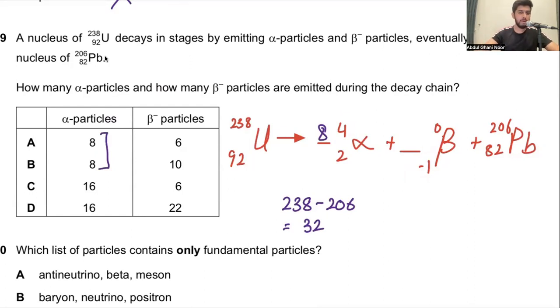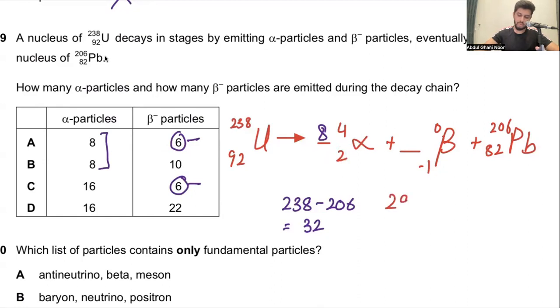Then let's have a look at beta particles. Even though there's a trick here, they gave 2 options as 6. That means they wanted you to think 6, and hence A is the answer. But that does not work every time. As far as the beta particles are concerned, there are 16 protons lost.